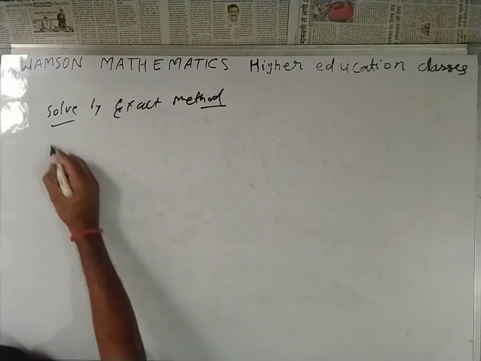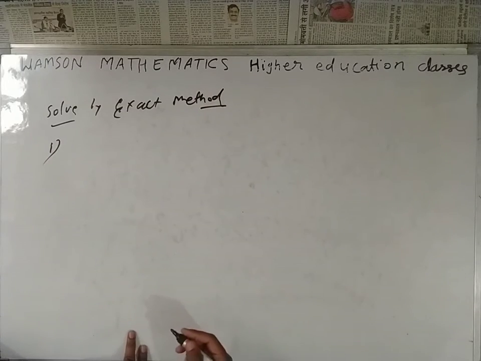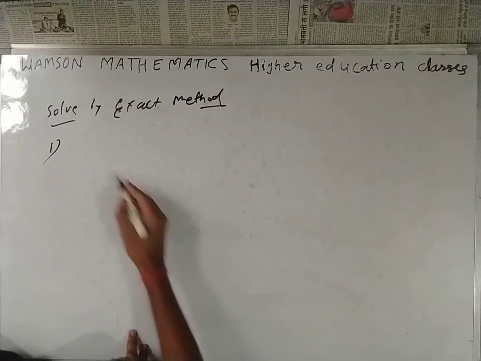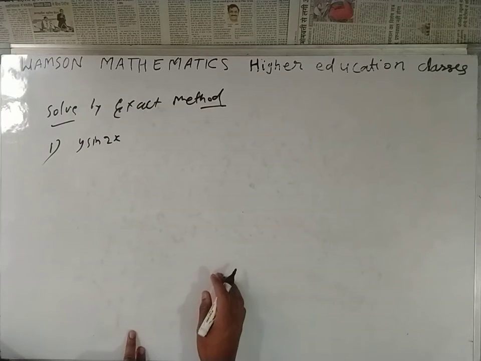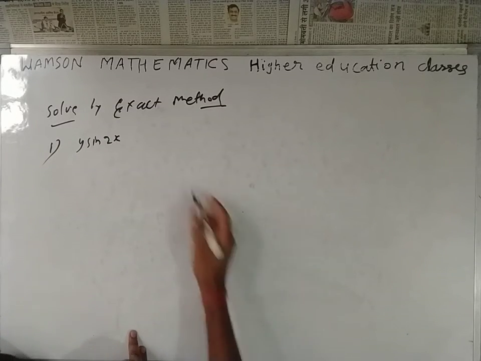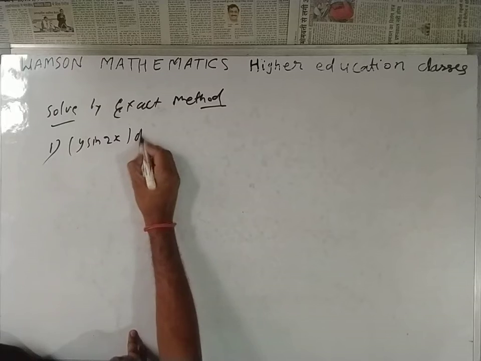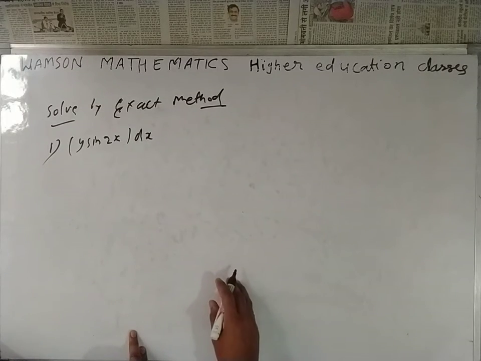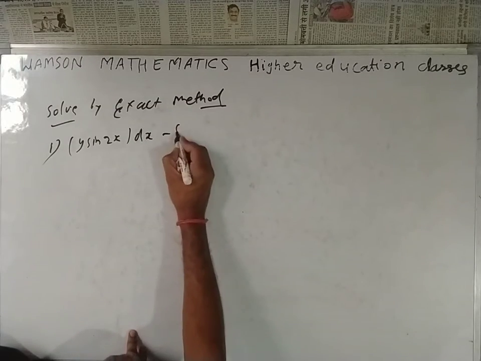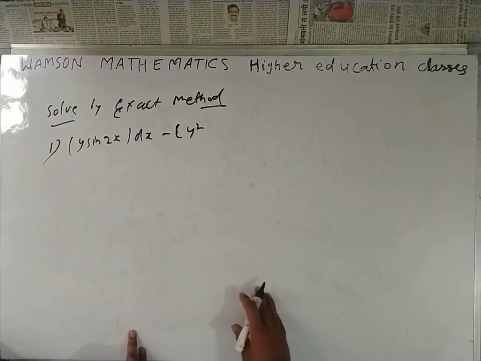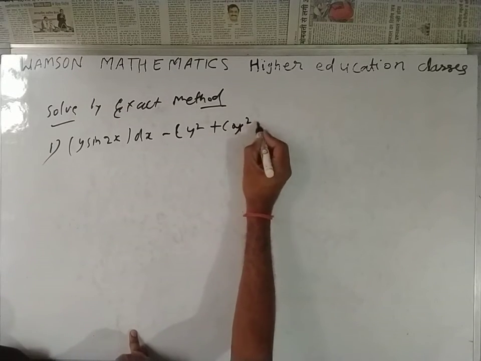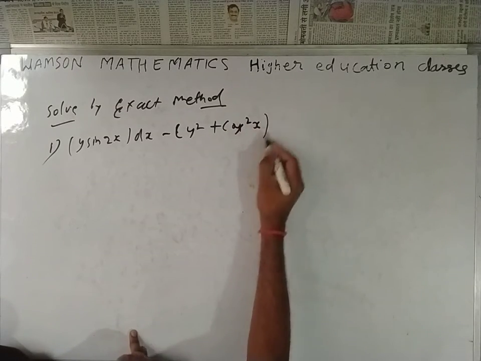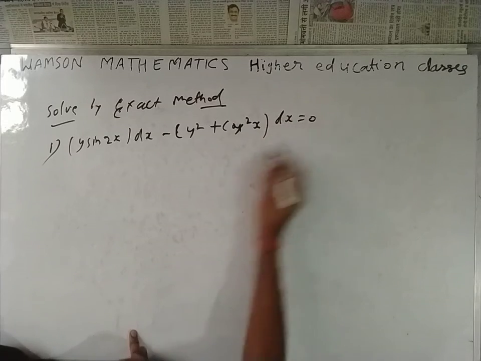The first example is: solve y sin 2x dx minus (y squared plus cos squared x) dx is equal to 0.